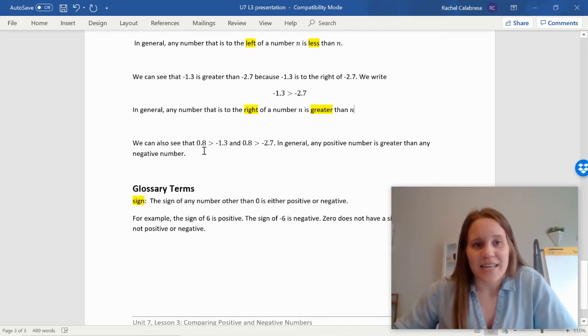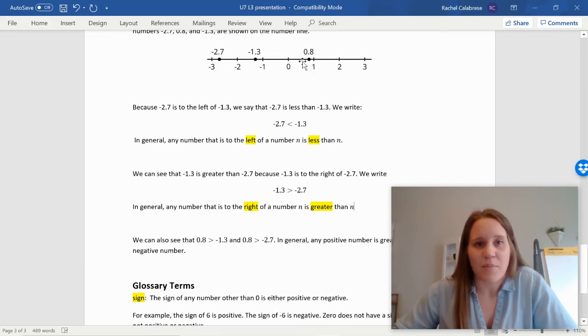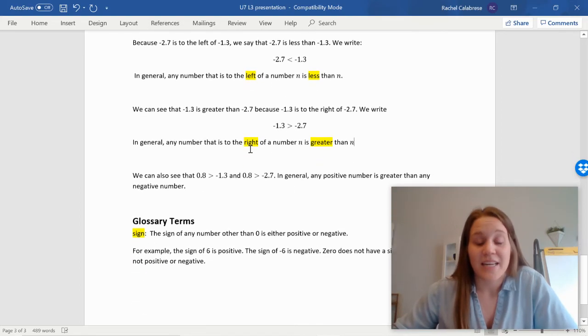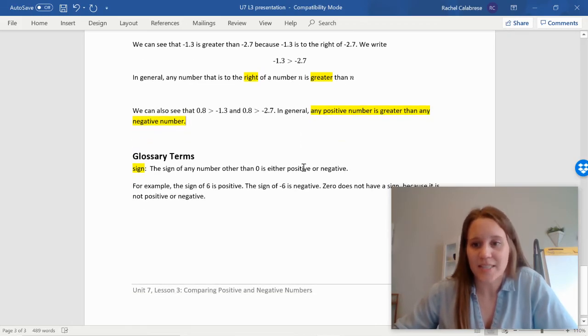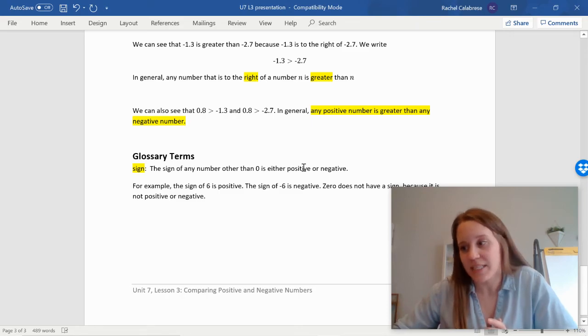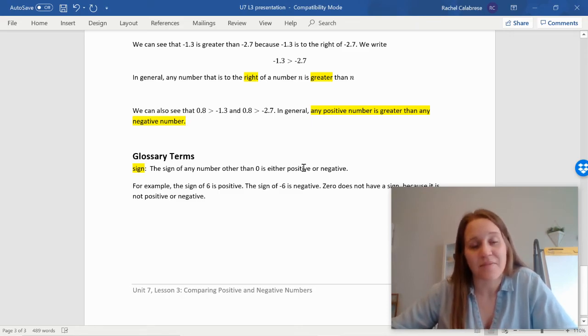We can also see that 0.8, 0 and 8/10, is greater than negative 1.3, and 0.8 is greater than negative 2.7. In general, any positive number is greater than any negative number. Awesome. You guys, we crushed it. What we did today is we compared positive and negative numbers on a number line and with inequality symbols.